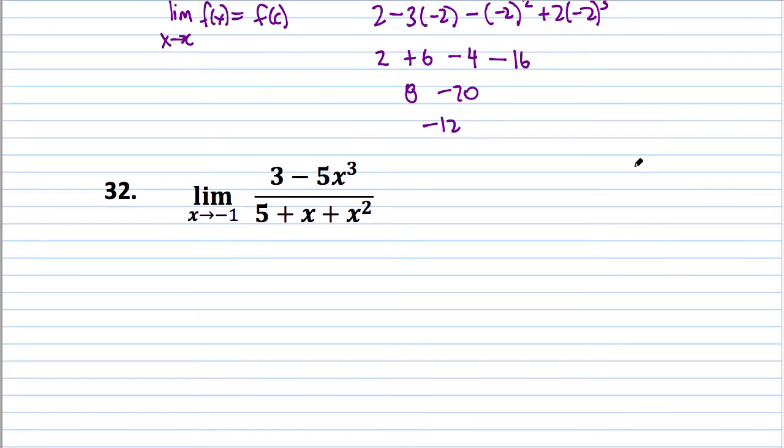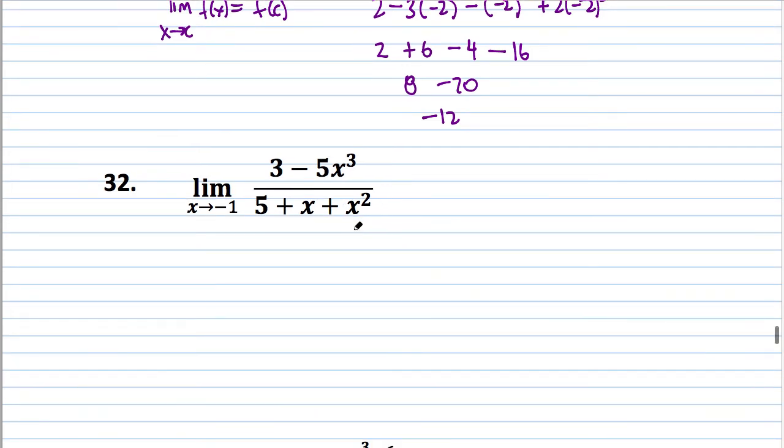For number 32, again, if our function is defined, we can simply plug in our value of x. So I have 3 minus 5 times negative 1 cubed over 5 minus 1 plus negative 1 squared.